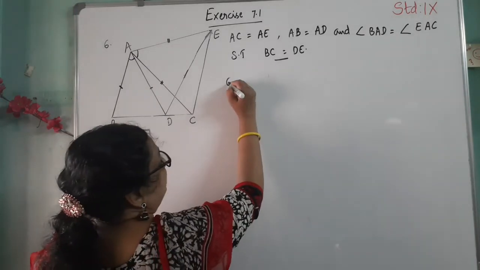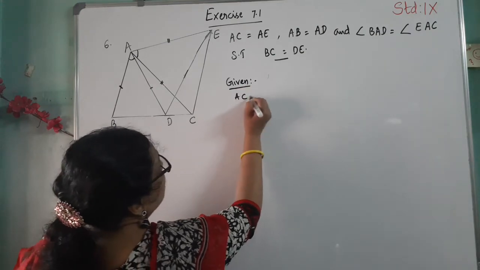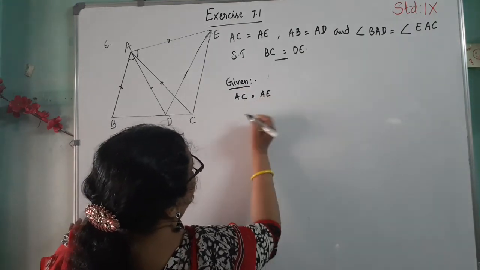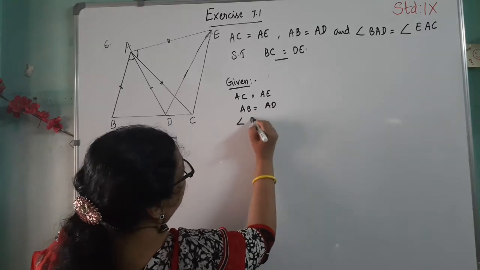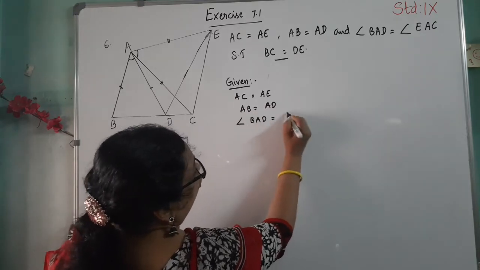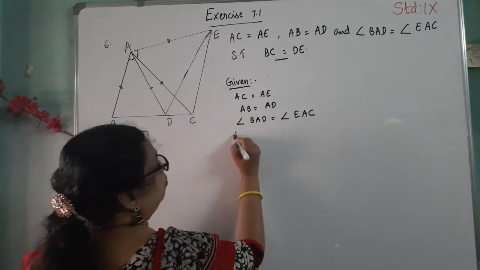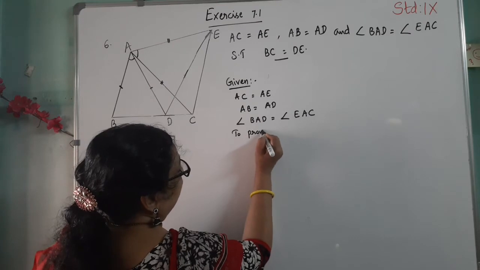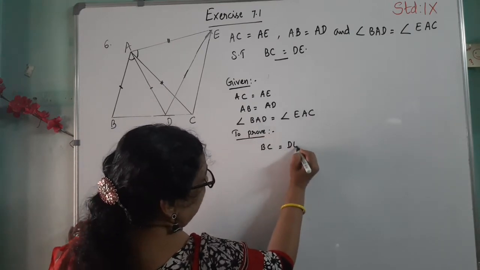So first we can write whatever it is given. Given AC equal to AE, AB equal to AD, angle BAD equal to angle EAC. Then to prove BC equal to DE.